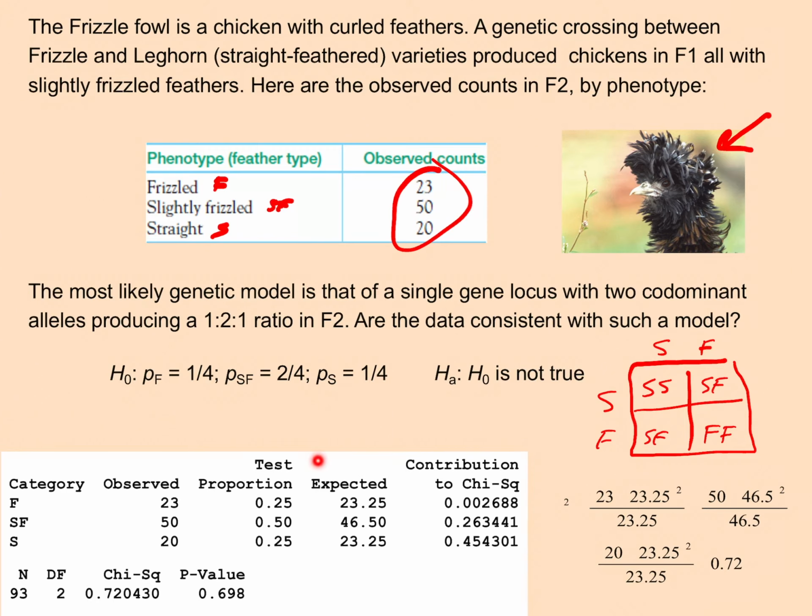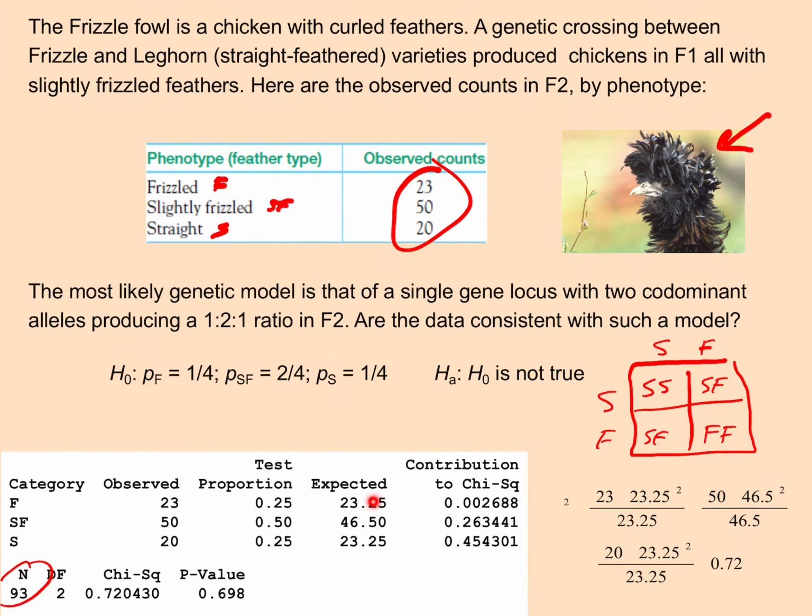All right, so you see our table down here. This is the kind of table you'll get as a printout from Minitab. We have our actual observed counts of each of our three phenotypes. We have our expected proportions under our null hypothesis, and what we need to do is convert those to expected counts. Now, we have a total sample size of 93. So if you take 25%, which you expect to be frizzled, and multiply that by 93, you get 23.25 individuals.